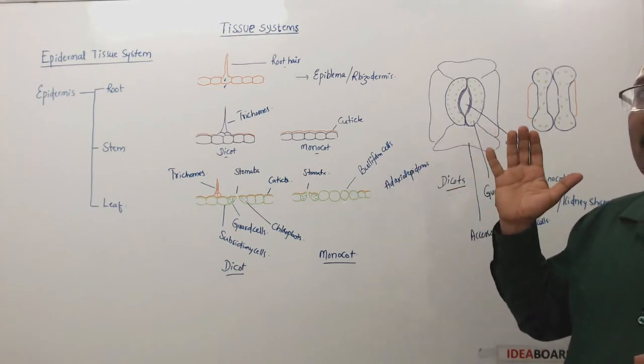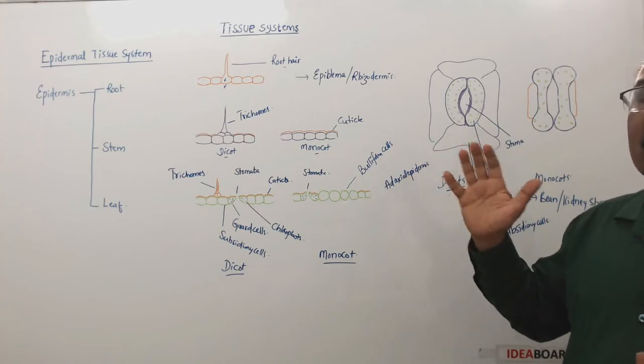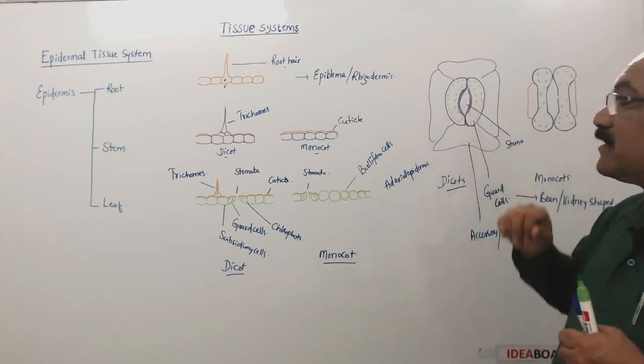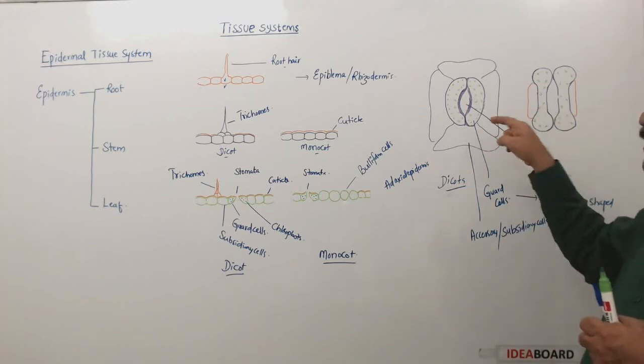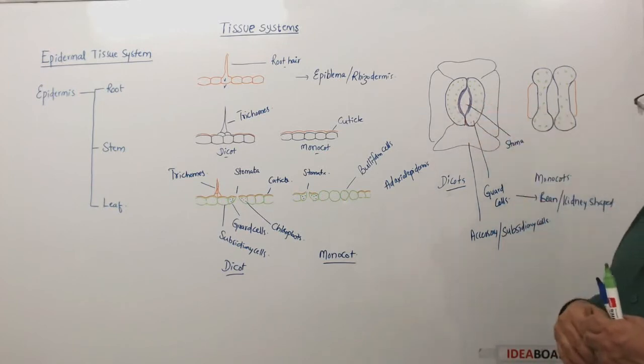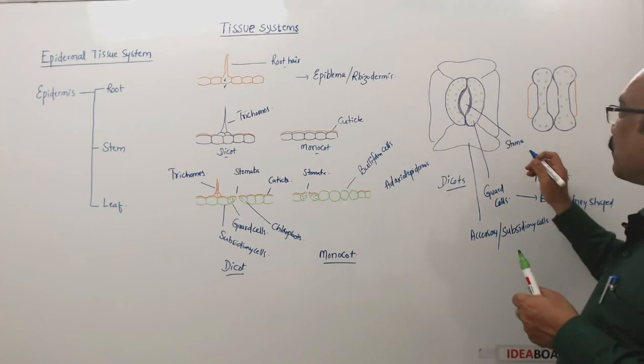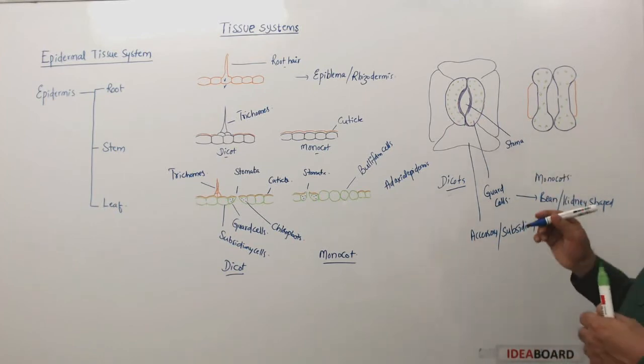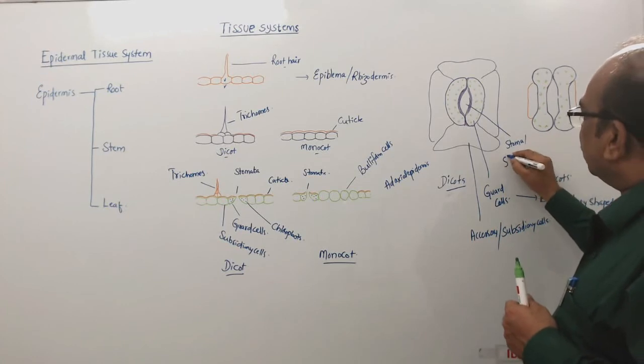Generally the epidermal cells are arranged compactly and intercellular spaces are absent. But in this area you find the intercellular space, and that space present between the two guard cells is called what? Stoma or stomatal aperture.